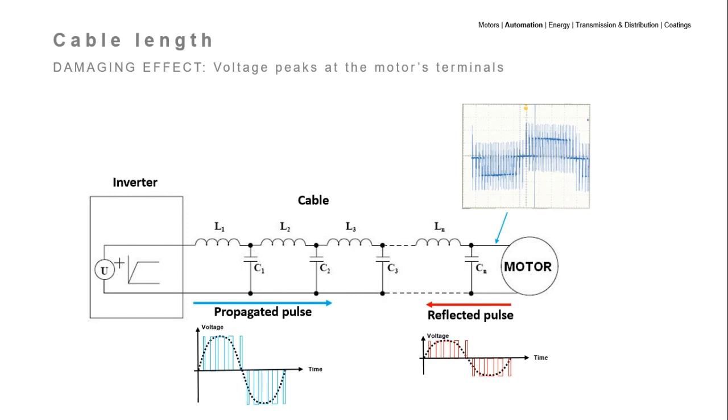Now that we have spoken about some effects caused by VFD-fed motors and its PWM signal, we came to the point to explain the effects caused when motors and VSDs are connected with long cables. Besides the rise time, the cable length is a predominant factor influencing the voltage peak occurrence at the motor terminals.